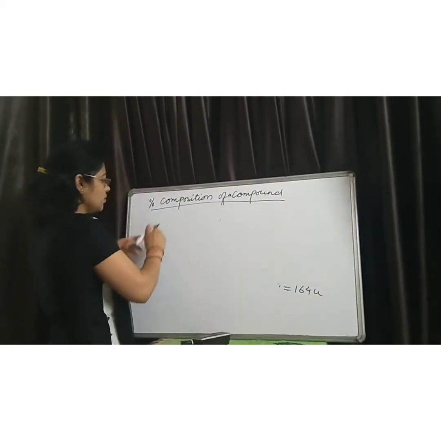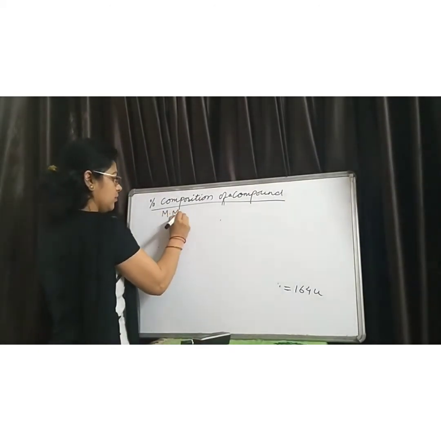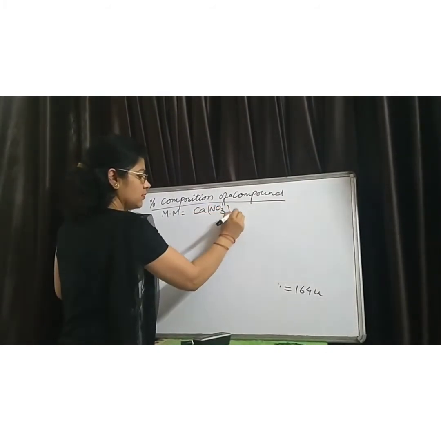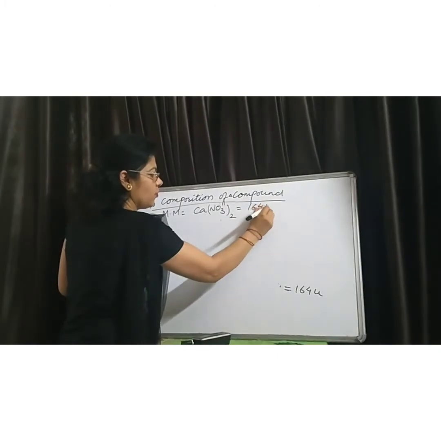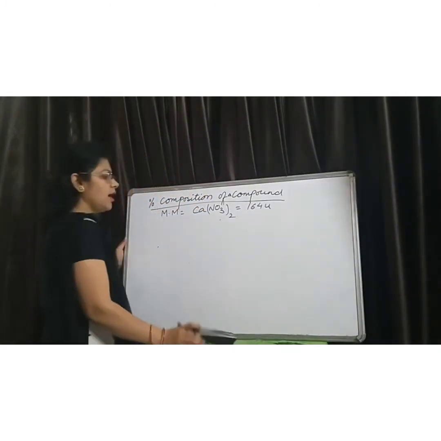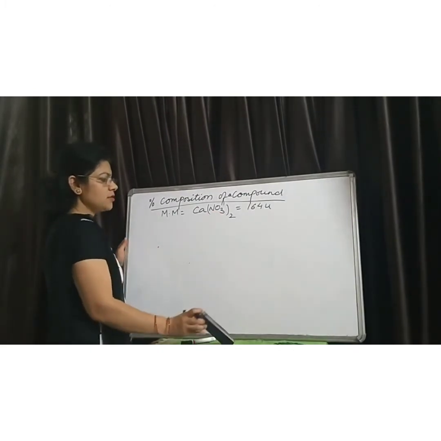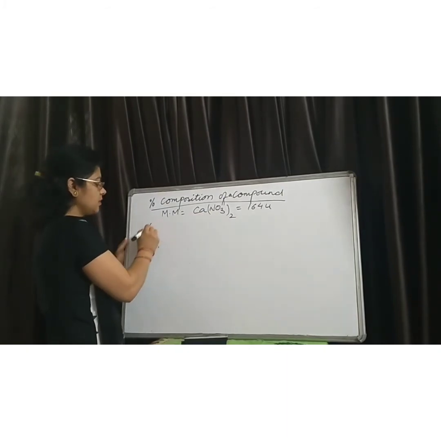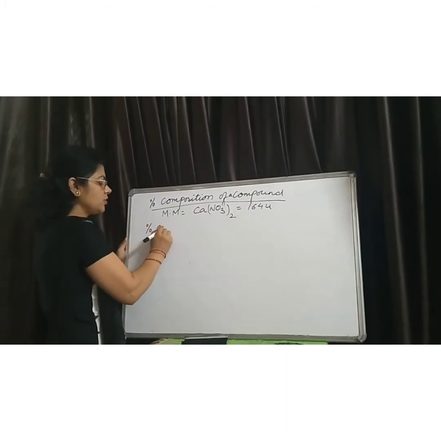The molecular mass of calcium nitrate is 164 U. There are three elements present in this compound, that are calcium, nitrogen and oxygen. So first of all, calculate the percentage of calcium.